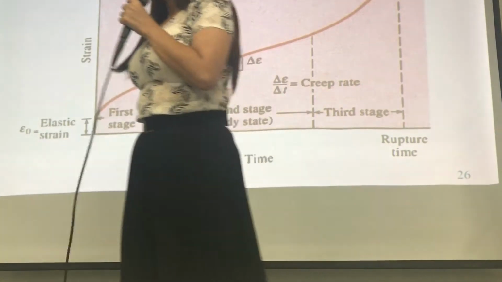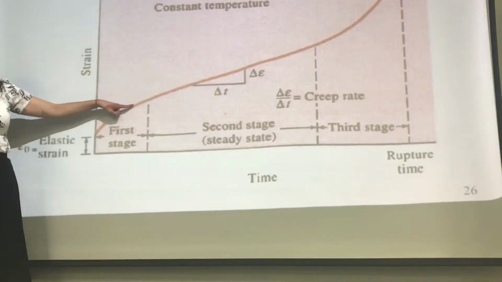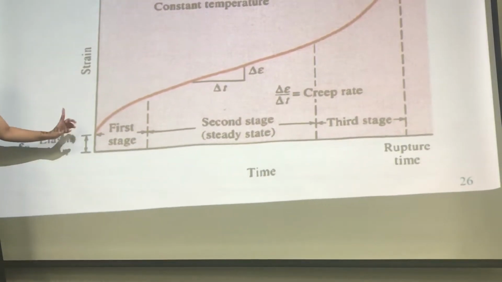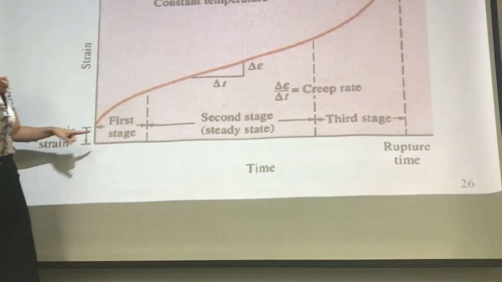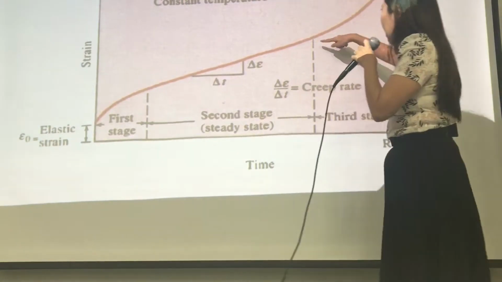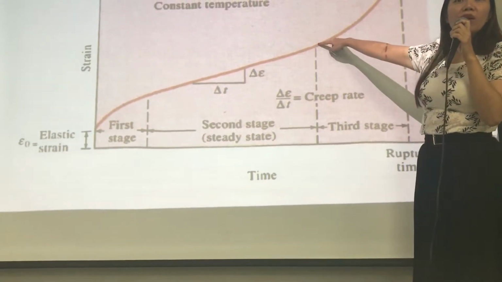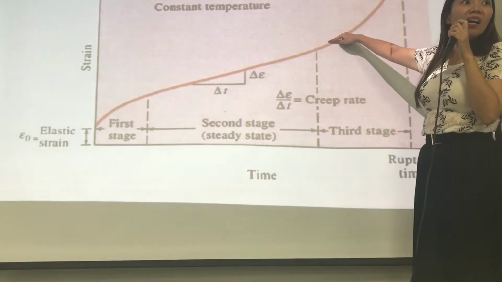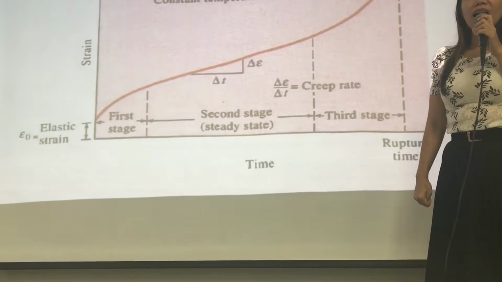At the beginning of creep, the rate is getting slower and slower. The bad part is that after the second stage, the rate of strain will be higher and higher. Can you follow me?